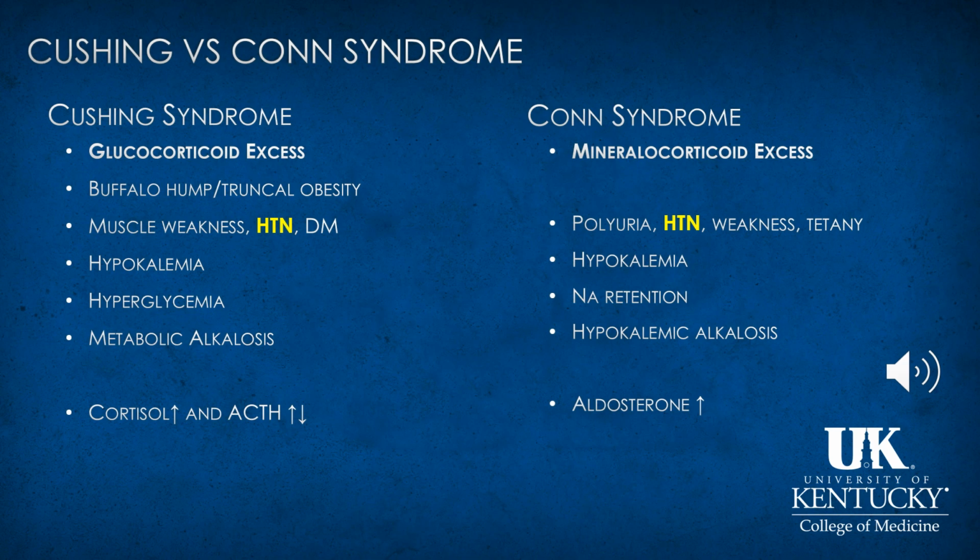In Cushing syndrome, there's this typical morphology, the buffalo hump, truncal obesity. Patients report muscle weakness, hypertension, and they have diabetes, hyperglycemia. They also are hypokalemic, and they show a metabolic alkalosis.